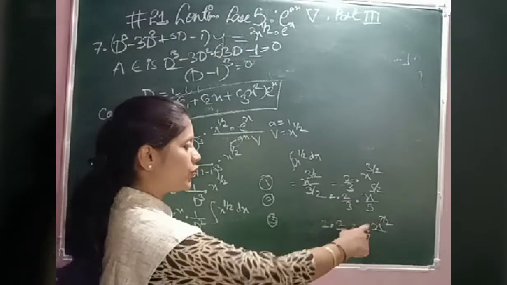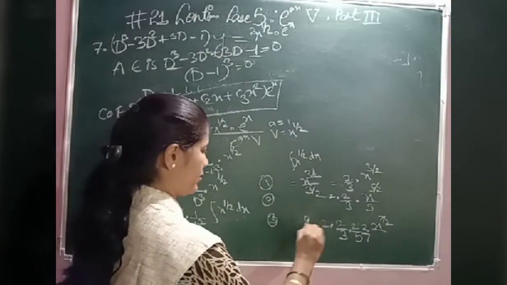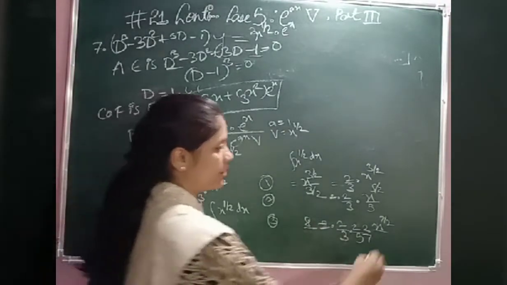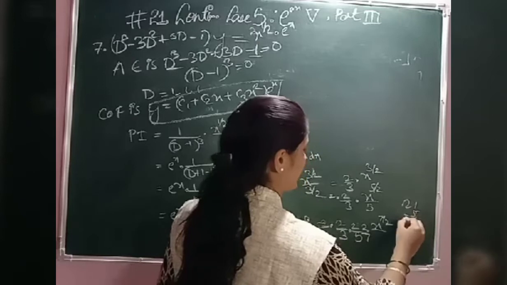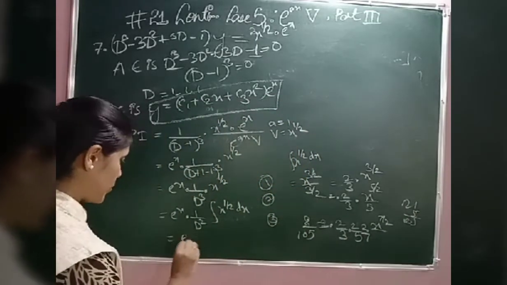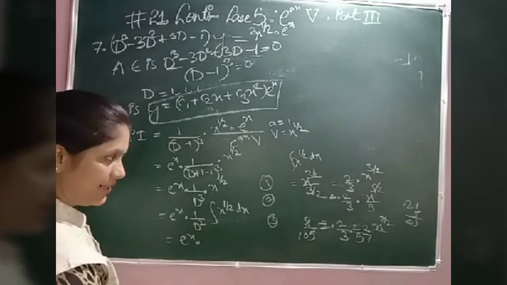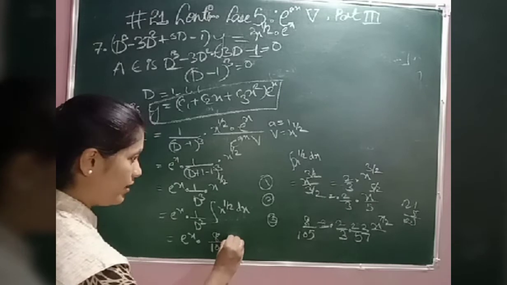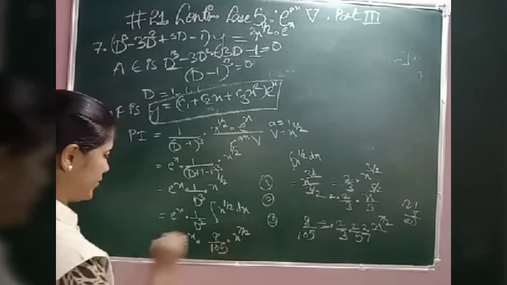2 times 2 times 2 is 8, and the denominator is 3 into 5 into 7, which is 105. So, e raised to x, directly we can write 8 by 105, x power 7 by 2.